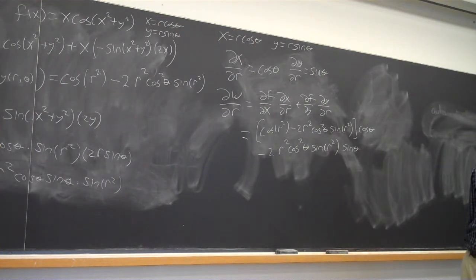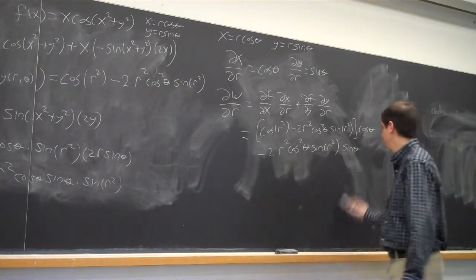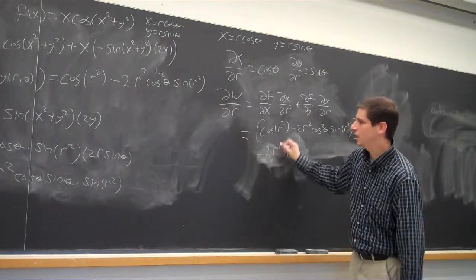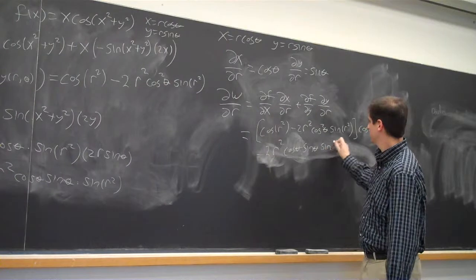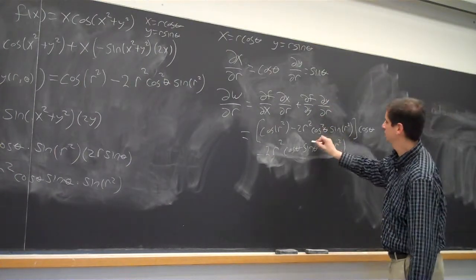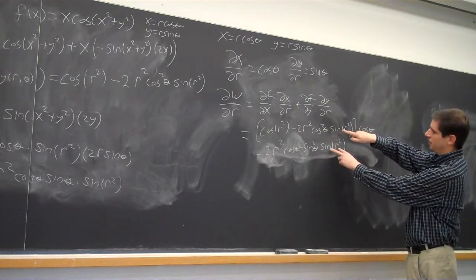So we start off with cosine of x squared plus y squared, x, 2y. I have df dy. Wait a minute, I think I wrote the wrong thing down here for df dy. Df dy is supposed to be minus 2r squared cosine theta sine theta sine of r squared times dy dr, which is sine of theta. Alright, so if we look at what happens, these both have a sine of r squared.